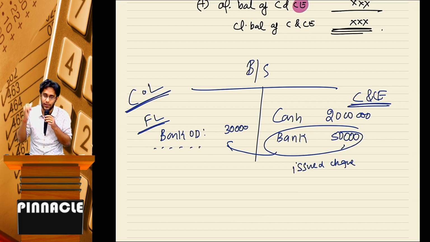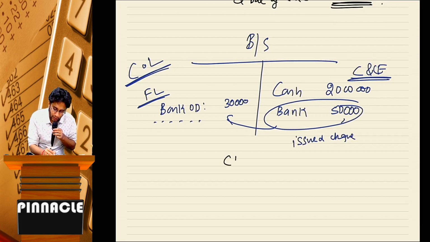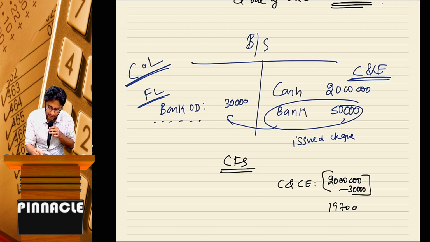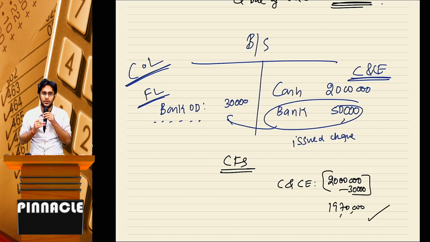Balance sheet presentation I am telling. But while doing cash flow statement, when you say cash and cash equivalents, it will be 20 lakhs minus 30,000, 19 lakhs 70,000. This is cash equivalents. So accounting and financial statements presentation is different, separate.